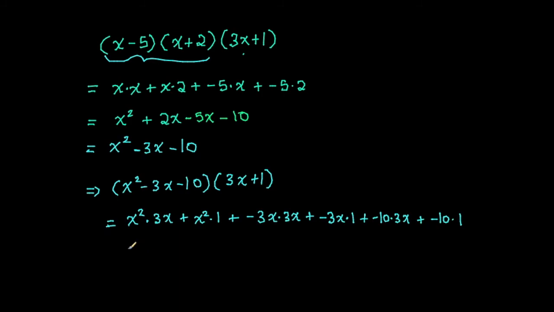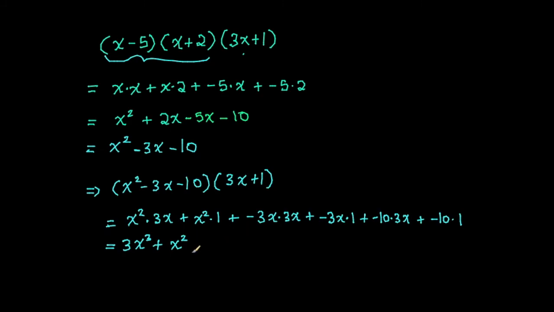Okay, now this is a long, messy thing, so let's simplify this a little bit. We have x squared times 3x. Now we can write this as 3 times x squared times x, and x squared times x can be written as x cubed, x to the power of 3. Plus x squared times 1 is just x squared.